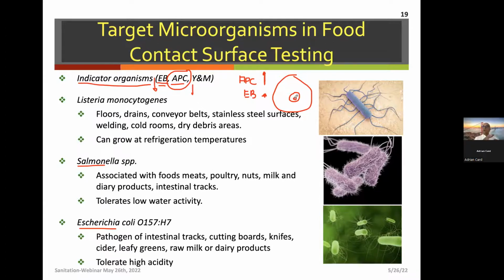So those will help us to verify whether our ATP measurements are allowing us to determine that we have low organic matter and, at the same time, low microbial residues. And the best way to start this is by doing indicator organisms. Which indicator organisms? Either aerobic plate count or Enterobacteriaceae.